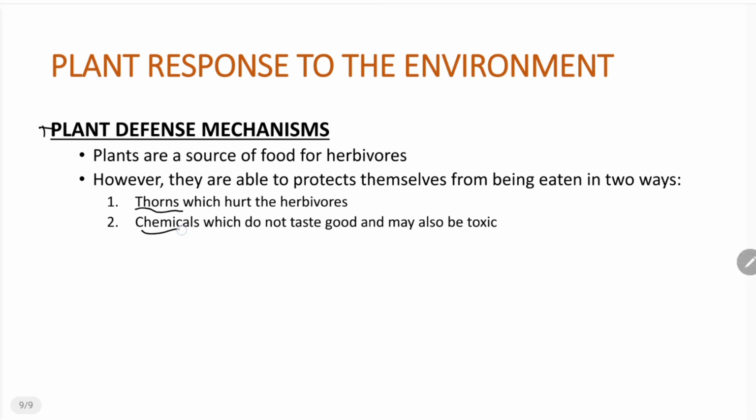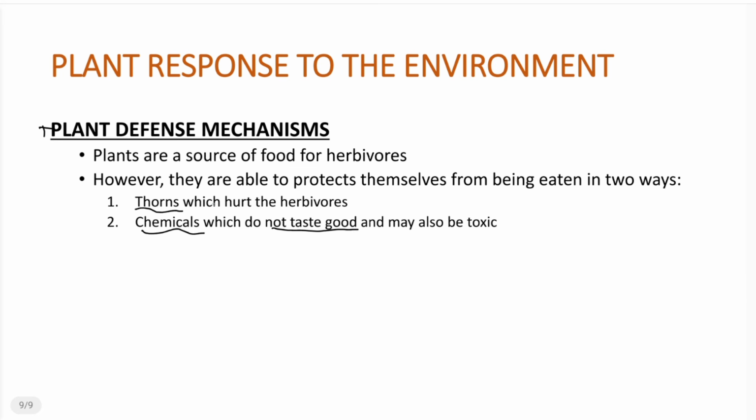And then we also have chemicals. These chemicals, they are going to damage your skin. They're going to be distasteful. They will not taste really good. So you're not going to want to deal with a plant that has got chemicals because they do not taste good, or they are going to harm you in some way, right?